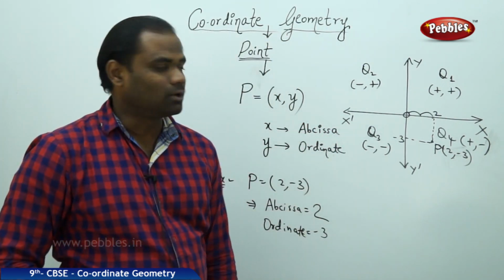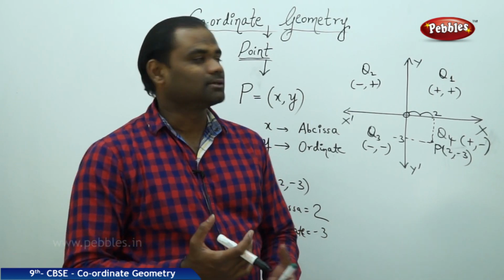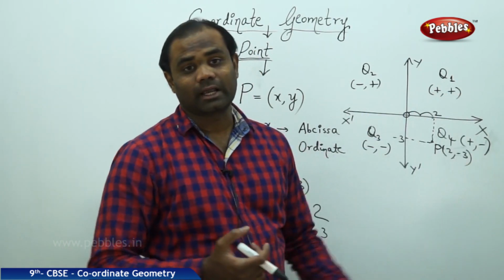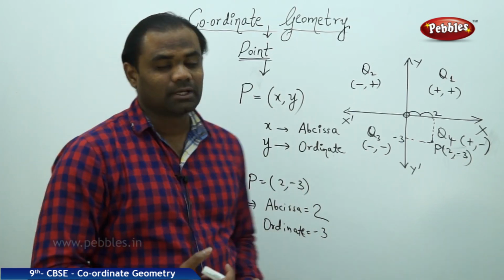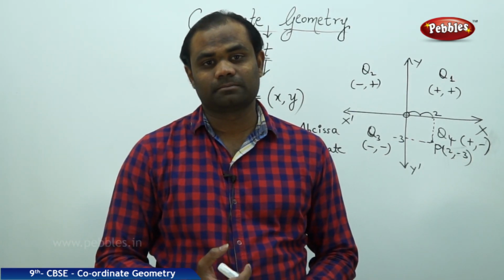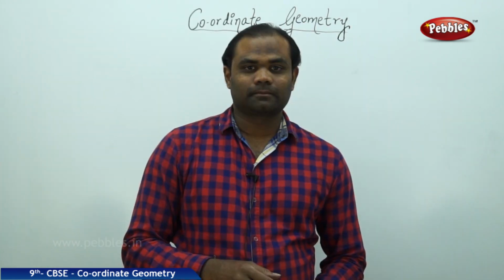The point is located in the fourth quadrant using the signs of the abscissa and the ordinate. Locating a point through abscissa and ordinate, through an example (2, minus 3).